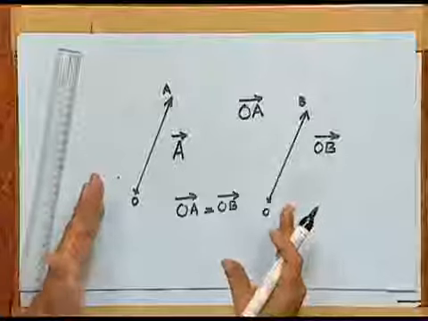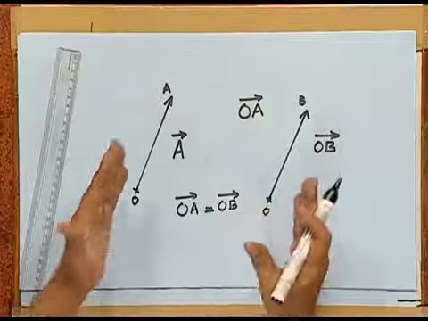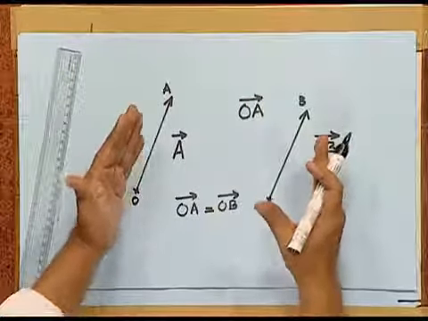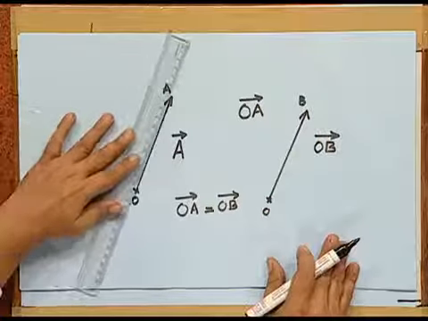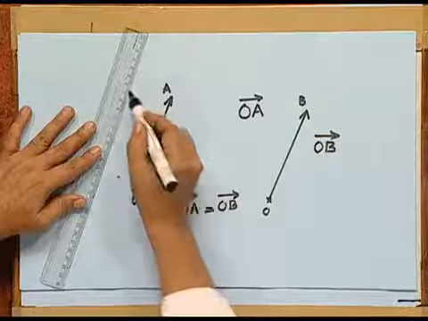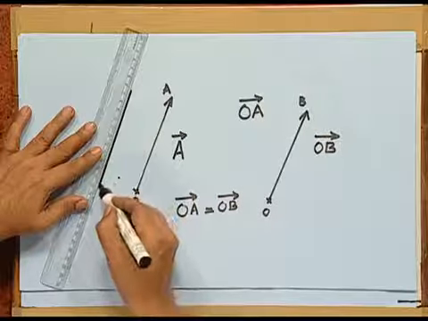Now, having understood vector O A being equal to O B, meaning that their magnitude and directions are same, two vectors which are parallel and having the same magnitude are same. Now, if I draw a line parallel to this, let us say this way, having the same length, but the beginning and ending are different.